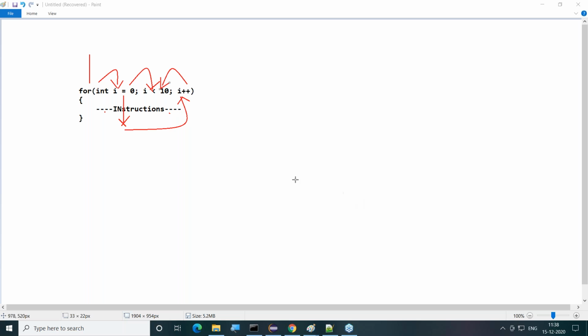If it provides true, automatically the body will be executed, then expression 3, then expression 2 again. If it is true, again body, again expression 3. The same thing is repeated. But if expression 2 returns a false value, then it will directly come to the outside of the for loop.